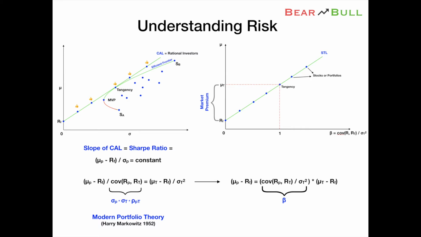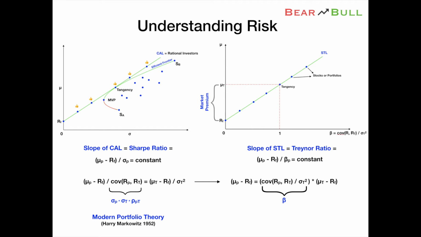In addition, they should be all lined up on a straight line, called the security tangent line. The more systematic risk an asset has going up on the line, the more return it should give investors. The slope of this line is called the Treynor ratio, and it should be a constant.